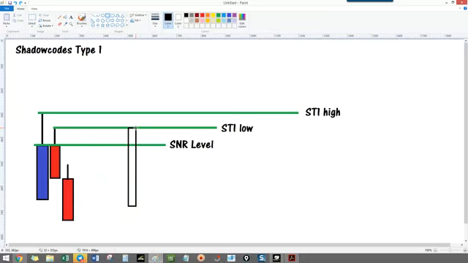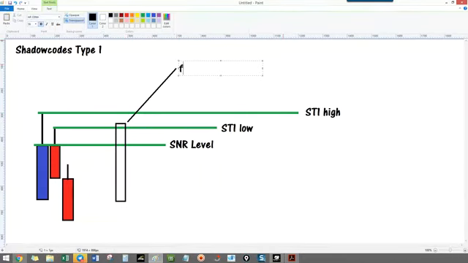But if we go like this, for example, this is float 1.2 pips. We will cut loss.